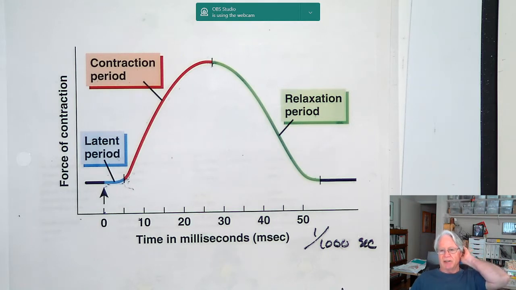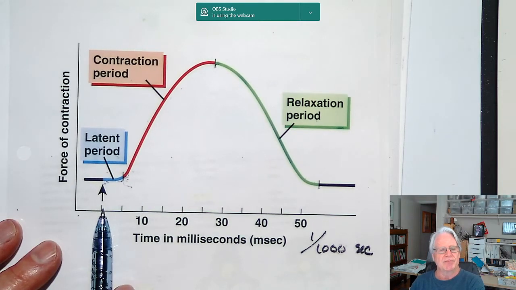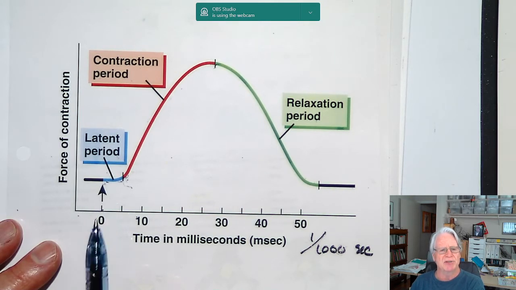Sorry, I said 1 in 10,000, but it's 1 in 1,000. And our stimulation begins here. That's where that frequency happened. Boom, we stimulate one action potential right here.